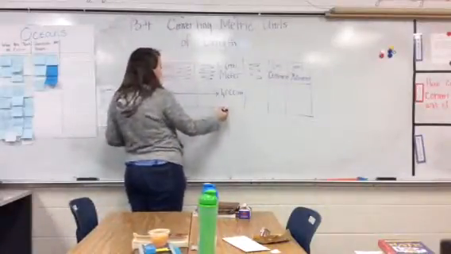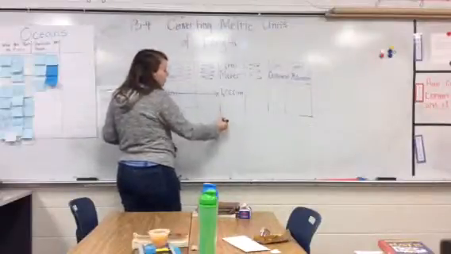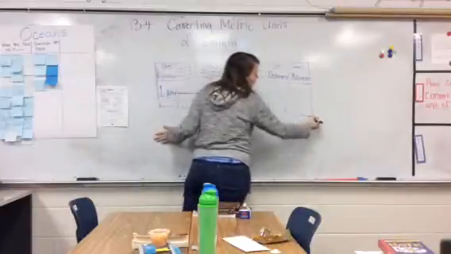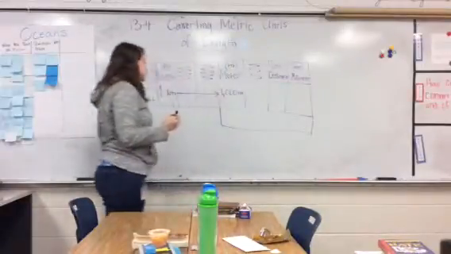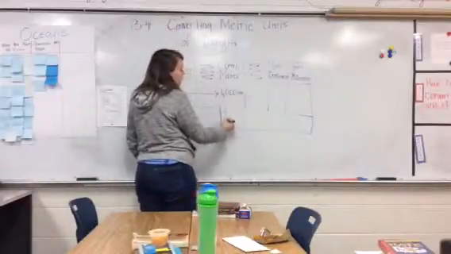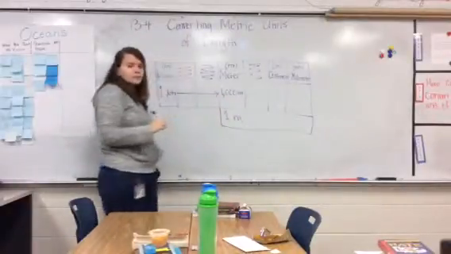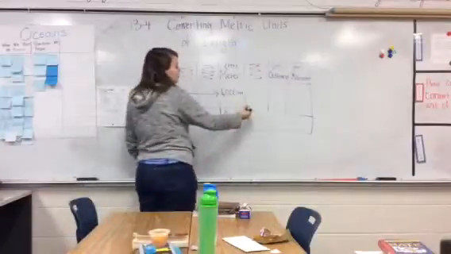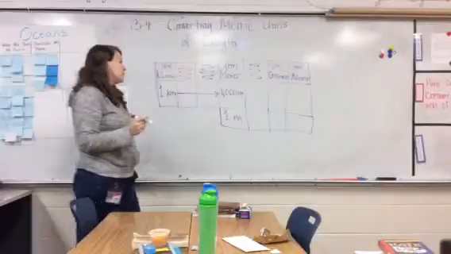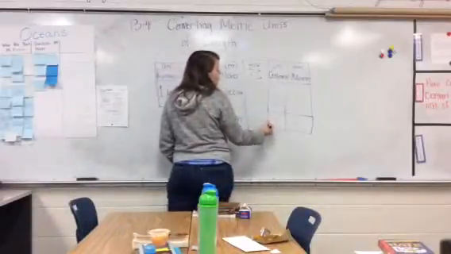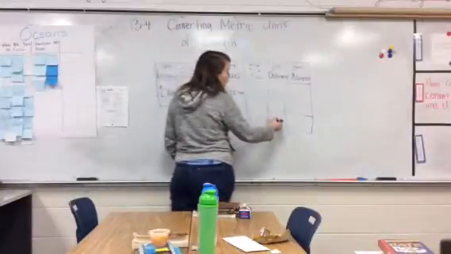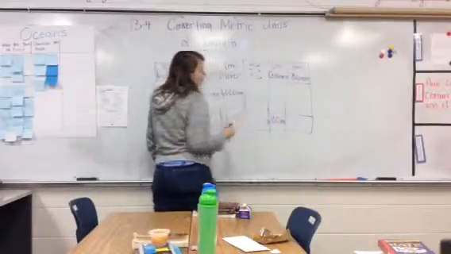Now, I want you to draw a box right below the meter. And let's draw it over to the millimeter. And let's put 1 meter. And then we can draw the lines. 1 meter is equal to, draw an arrow just to the centimeter box, 100 centimeters.